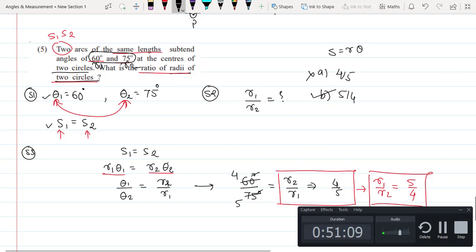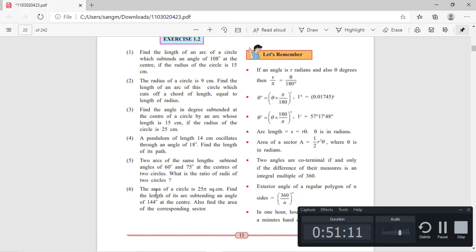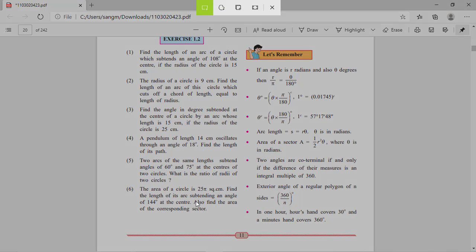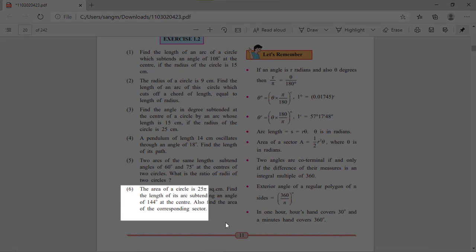Okay, let's take the next one. This will be the last question: the area of a circle. Who will help me?